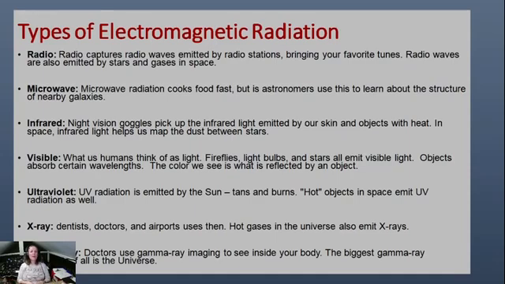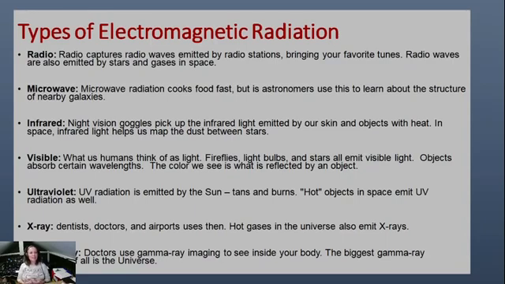So, what are the uses for some of these things? Well, we can think of what happens here on Earth pretty easily. Radio waves are good for radio stations, tuning into your favorite tunes. They're also useful for seeing stars and gases because radio waves are emitted by them.